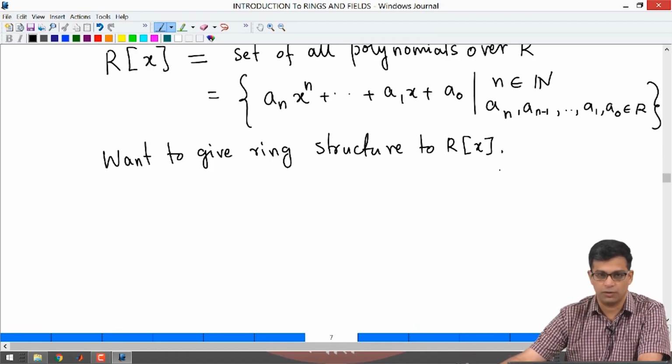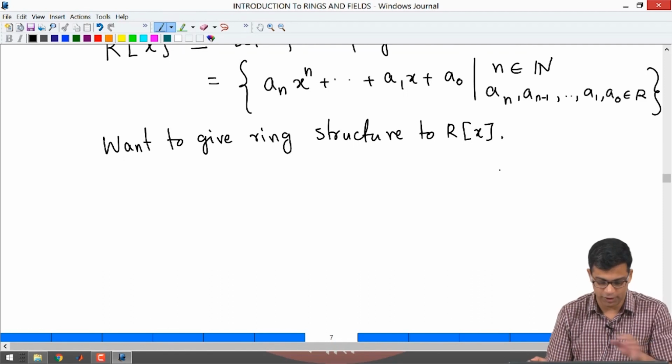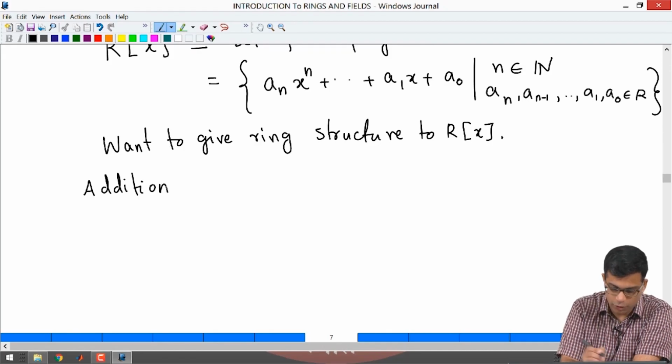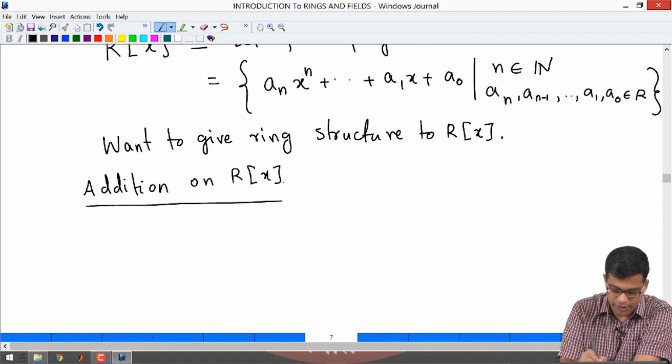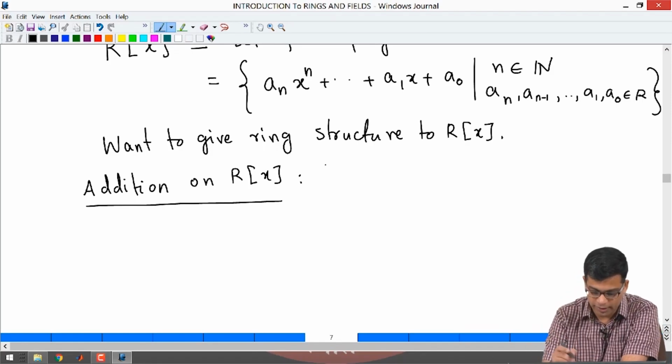So there is one natural way to add and multiply polynomials. So let us recall what that is. In order to make R[x] a ring we have to define addition on R[x] and multiplication on R[x]. Addition is something that you can guess.